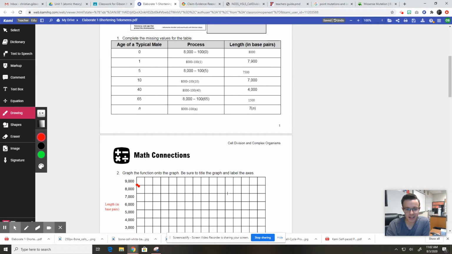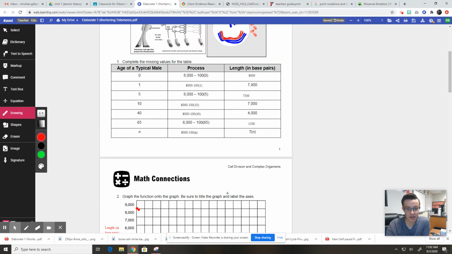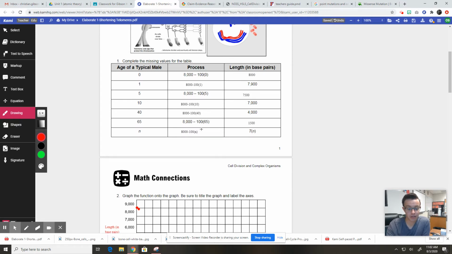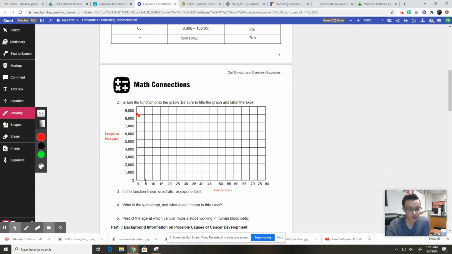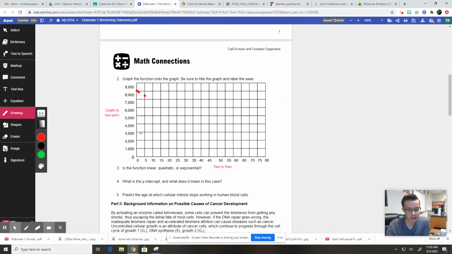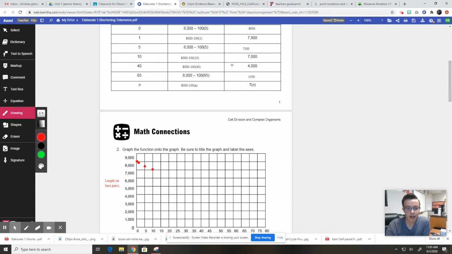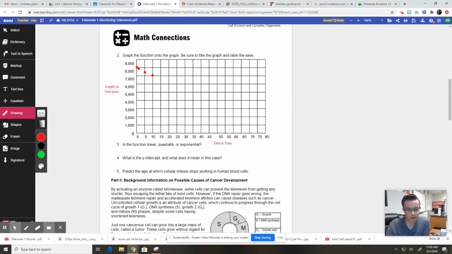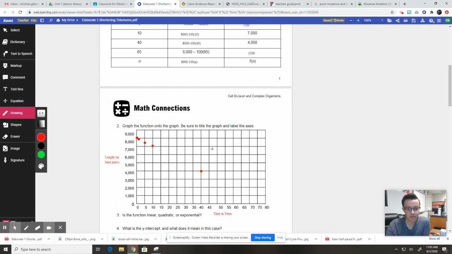All right, and then now we're at 7,500 at year 5. Year 5, 7,500, excuse me. So year 5, we're going to go about halfway between 8,000 and 7,000. And at year 10, we're at 7,000. So year 10, we're going to be right here on the line, at this nice little intersection, if I can get it there. And at year 40, we're at 4,000. There's that.